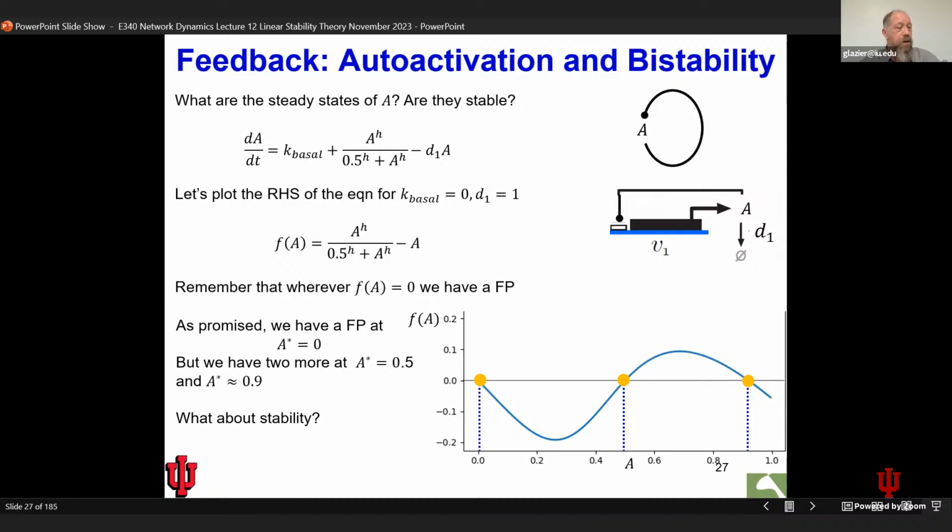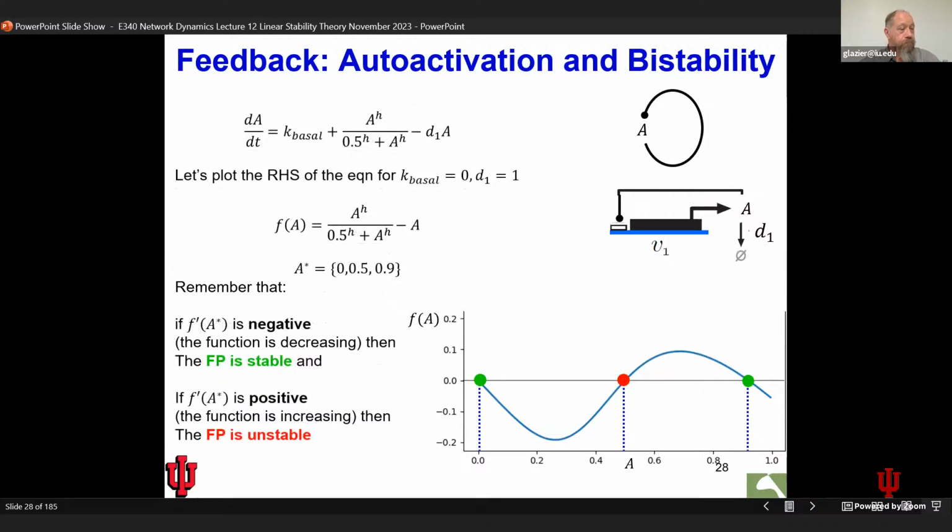Now, stability. I know from just the shape of the curve that 0 and 0.9 are stable. A half is unstable. And so that's my final result. We did this in class a couple of weeks ago.